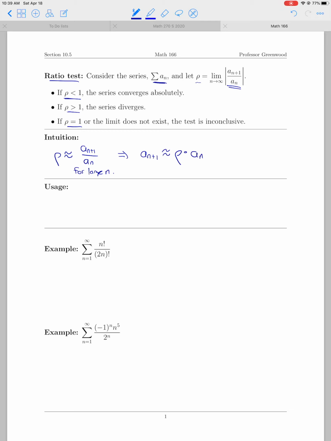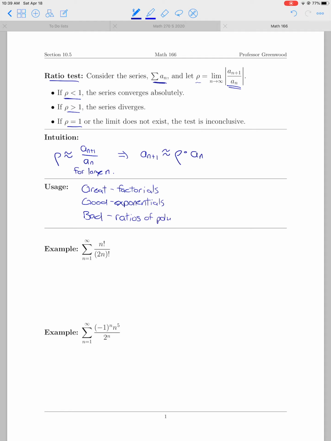As for usage, the ratio test is great whenever we have factorials involved, and we'll see some examples where that's the case. It's good whenever we have exponentials in our series, and it's bad whenever things are ratios of polynomials.